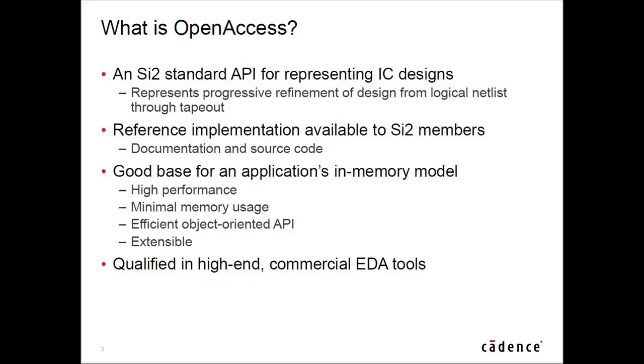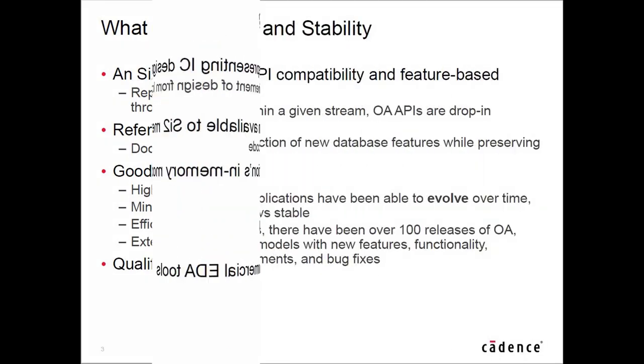It provides high performance, minimal memory usage, has an efficient object-oriented API, and has extensions built in so that you can decorate open access objects with information that's important to your application. And probably most importantly, it's been qualified in a number of high-end commercial EDA tools, so it's not a toy piece of code. It's code that has stood the test of time with real users.